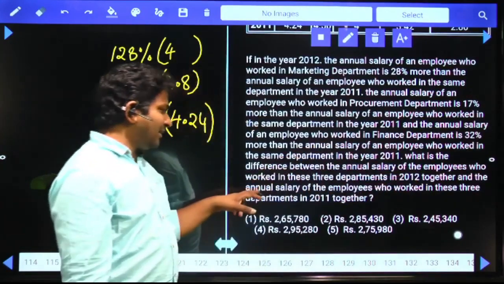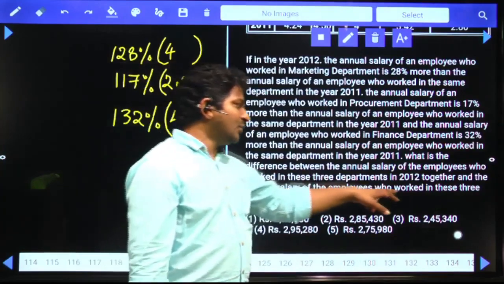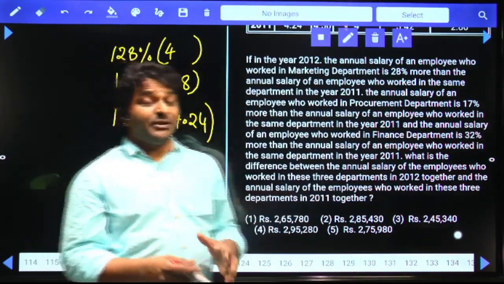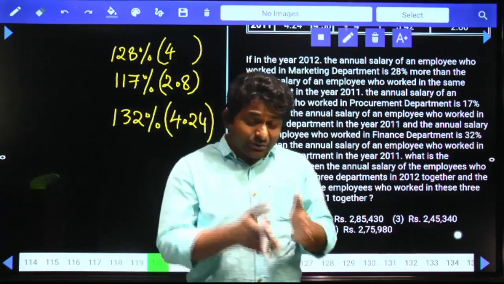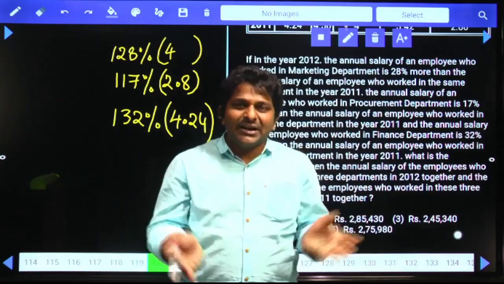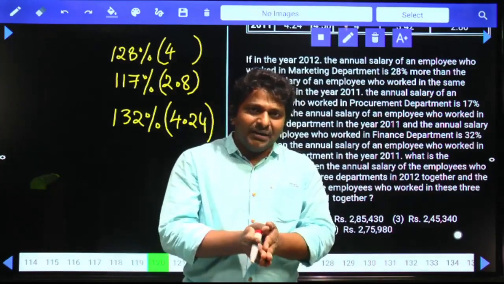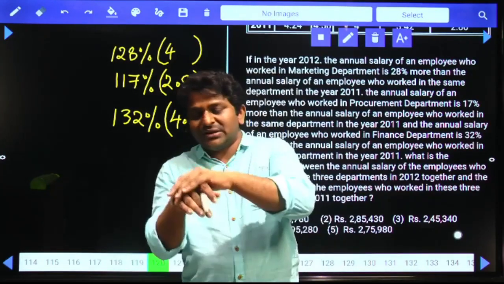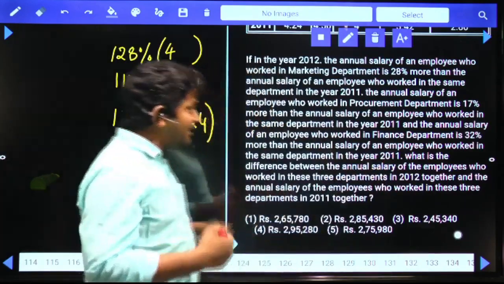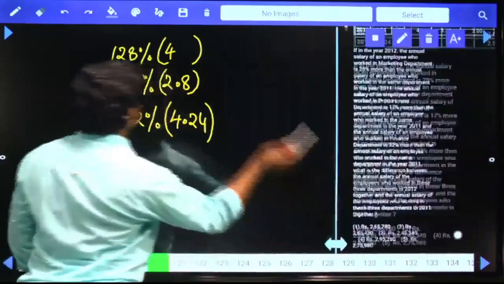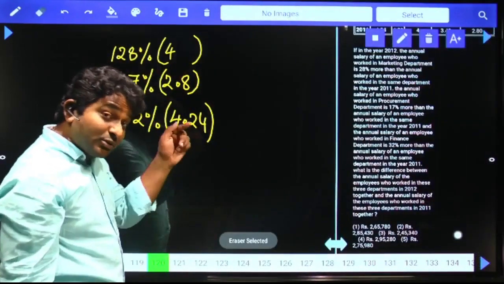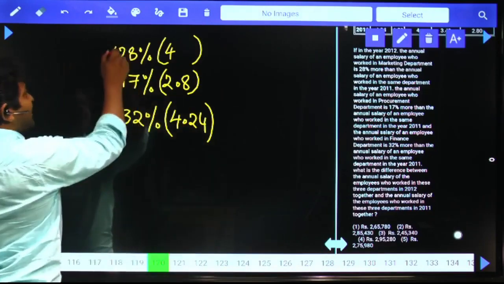Next. What is the difference between annual salary of an employee who worked in these three departments in 2011 together and annual salary of employees who worked in these three departments in 2012? We need the difference. Every year, every department from 2011 to 2012, the value is increasing only. Let us calculate only how much is the increase.